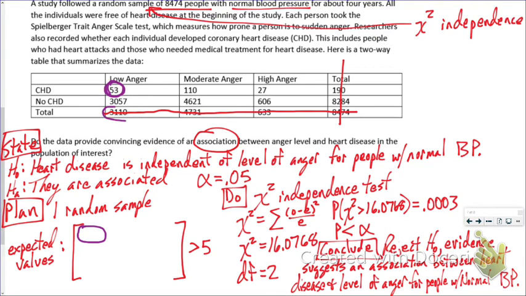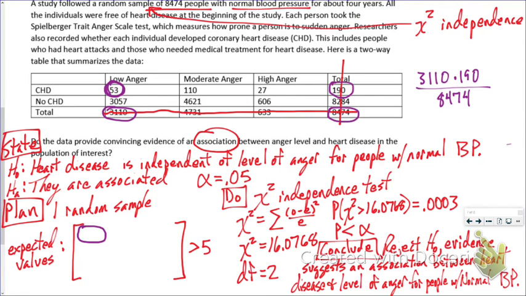I want to take 3,110 times 190 and divide by 8474. You see how this would be pretty tedious to do by hand, because that's just one of them. And that's not even starting to get the chi-squared values. Quite a bit of math that the calculator does for us. So whatever that number is, we're about to see whenever we pull up the expected matrix.